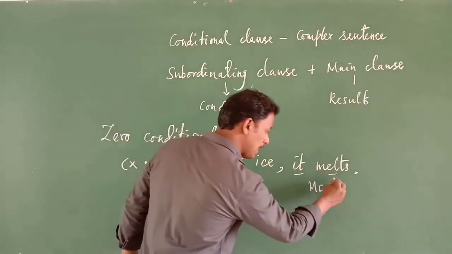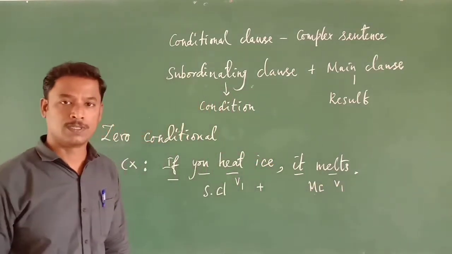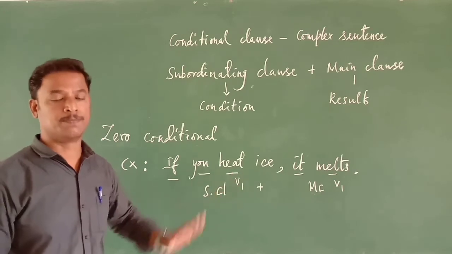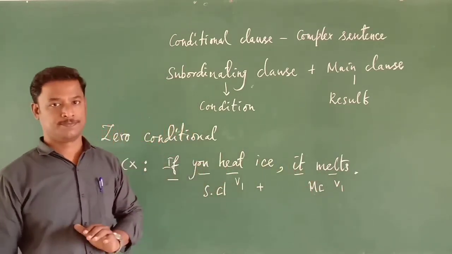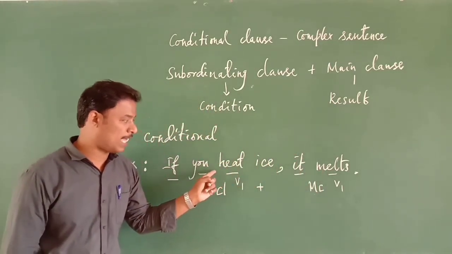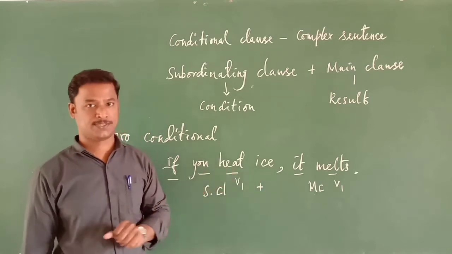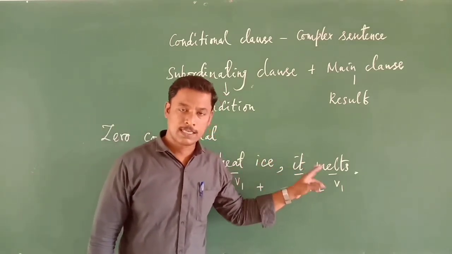And in the main clause, the same tense form is followed, that is verb 1, present simple. It is the result of this condition. Melting is the result of this action, heating of ice. If you heat ice, that ice melts.